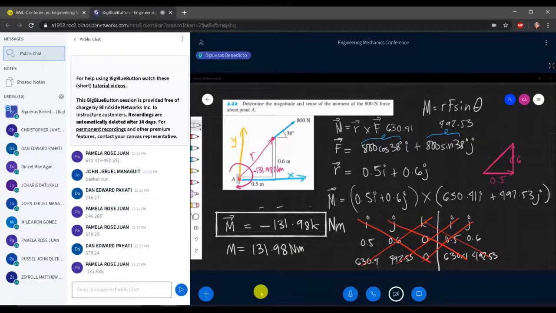Di ba pakaliwa? So, yun yung positive. Since negative, tama naman. Since dun sa scenario, yung 800 Newton ay pakanan, syempre, logical na pakanan yung kanyang rotation. So, ibig sabihin, legit yan. Okay?